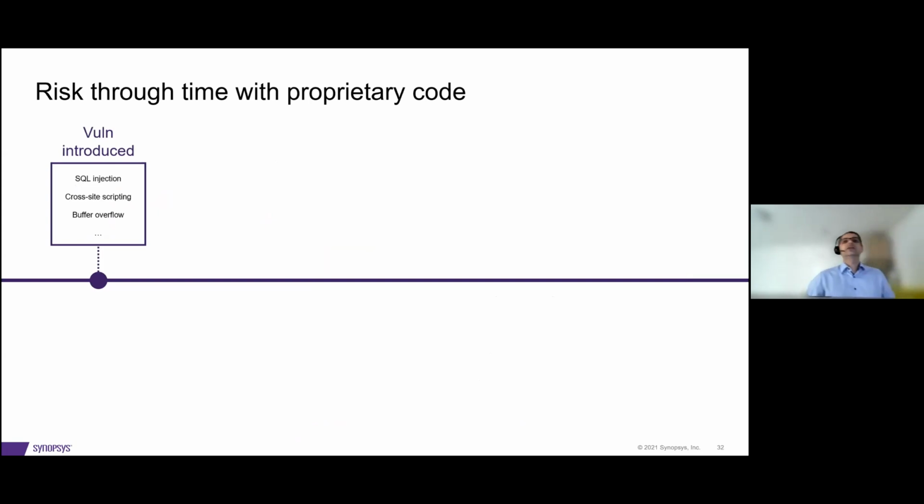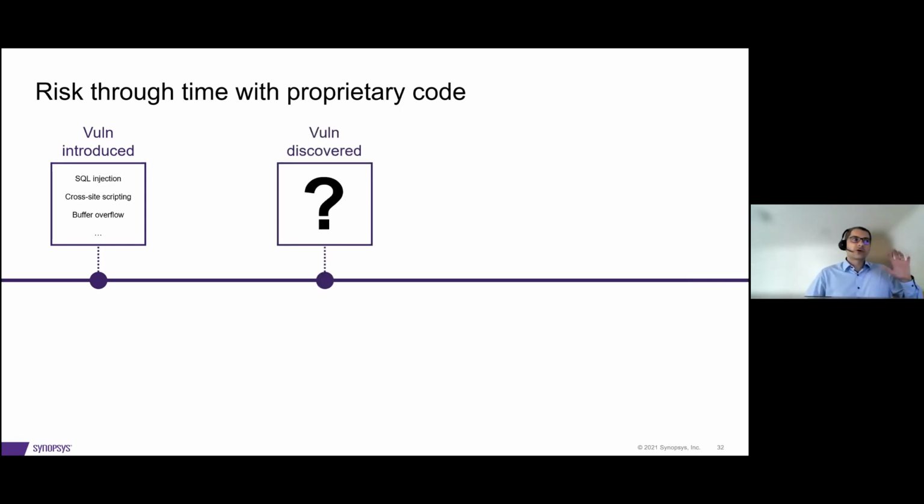You could introduce a simple mistake like an SQL injection. It's really simple to do this, just losing a little bit of focus on how you should develop your code, and you could already introduce an SQL injection. Before this vulnerability is discovered, it will maybe take days, months, or years again.